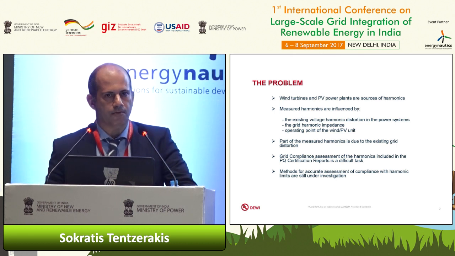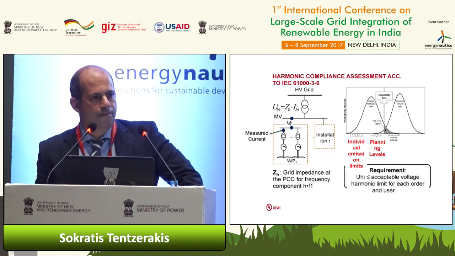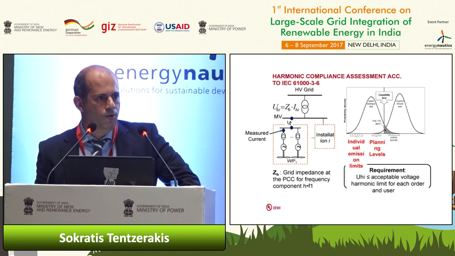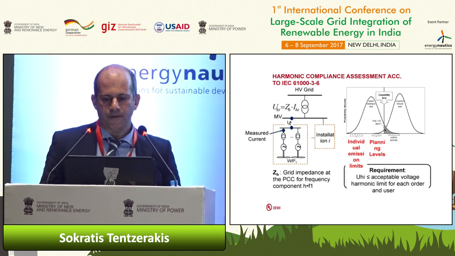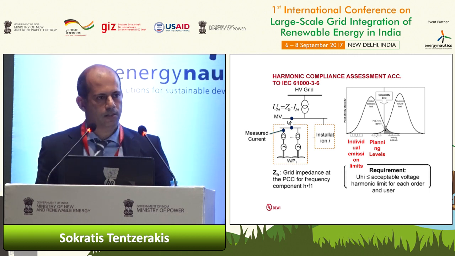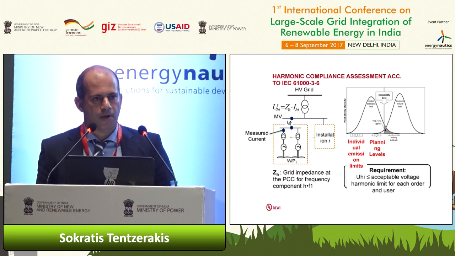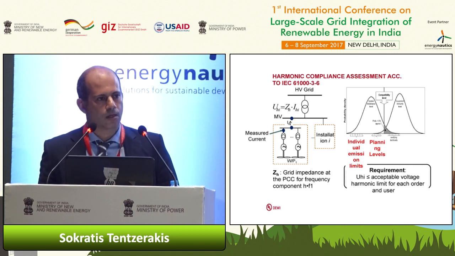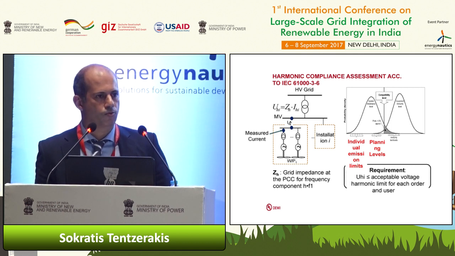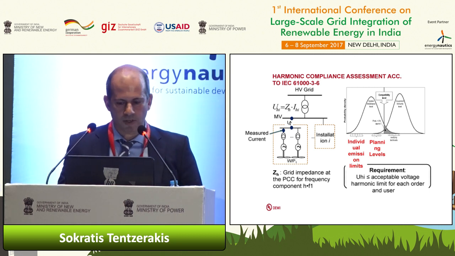So let me first make a very brief reference to how this compliance mechanism regarding harmonics works. So we have here the IEC 61000 series. There's a dual curve, where the right one refers to the immunity levels of the equipment. That means they are the maximum ultimate levels that could destroy the equipment.